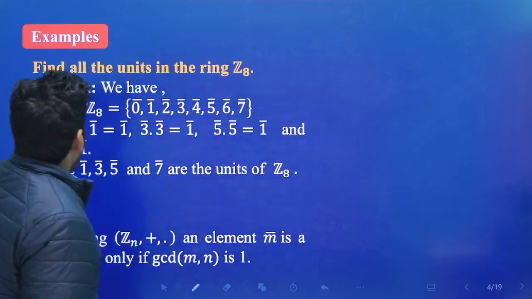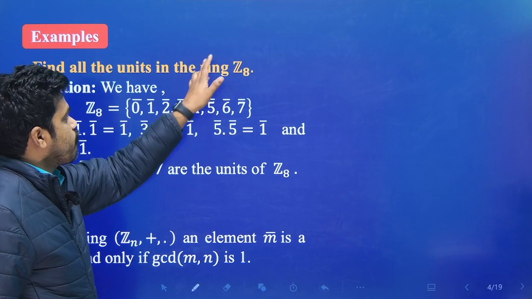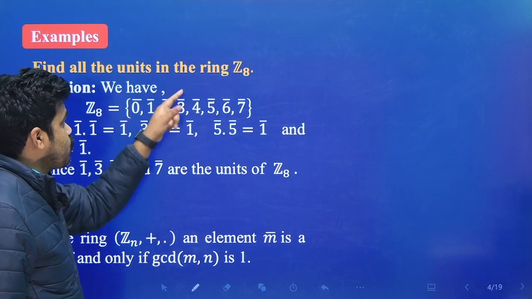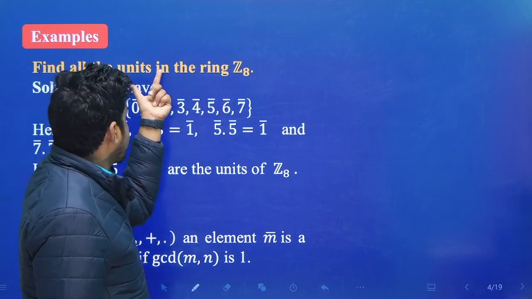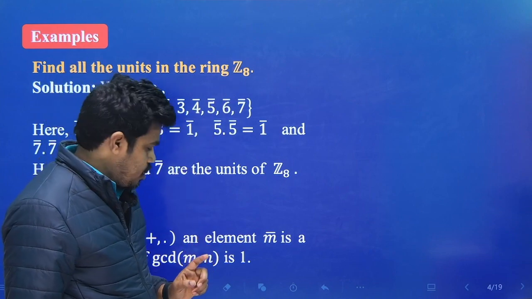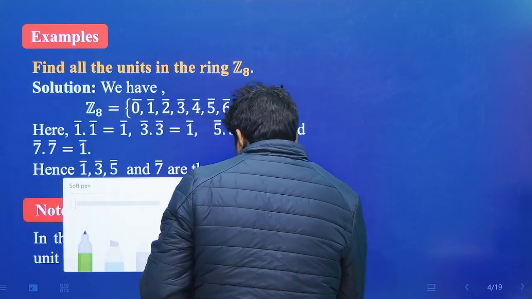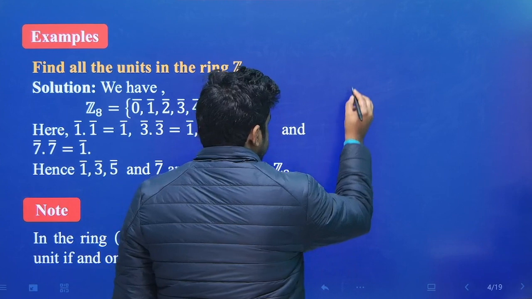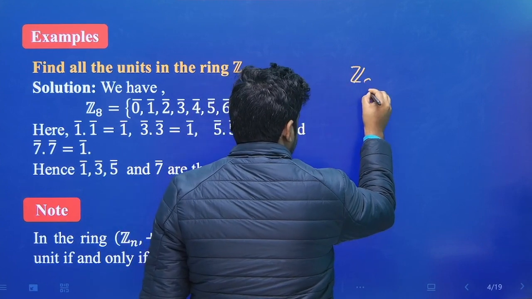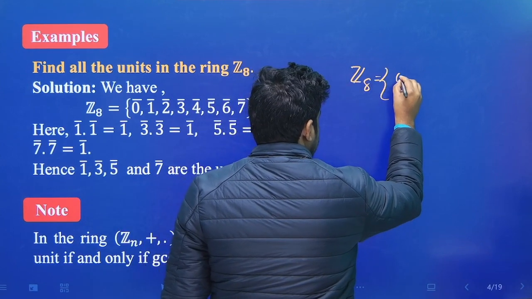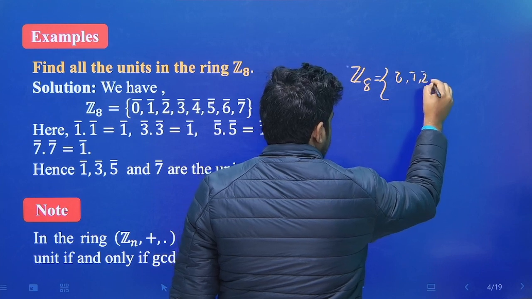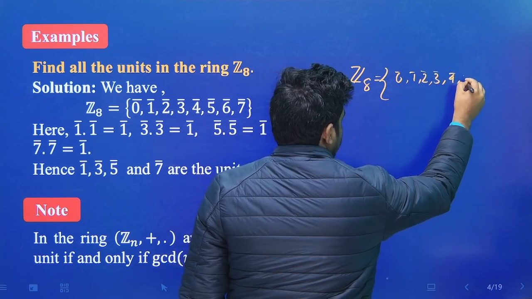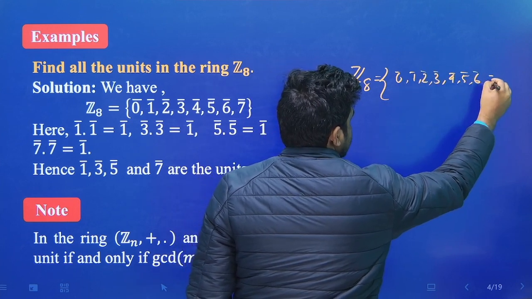So note this, find all the units of the ring Z8. We have to calculate the units of the ring Z8. For Z6 we discussed the same concept. The elements of Z8 are 0, 1, 2, 3, 4, 5, 6, 7.